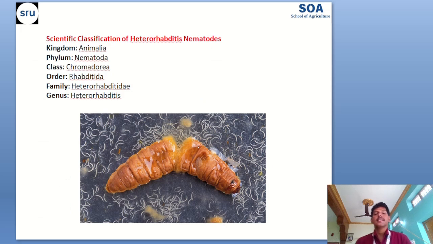Next, see the scientific classification of Heterorhabditis nematode. This Heterorhabditis nematode belongs to the kingdom Animalia, phylum Nematoda, class Chromadorea, order Rhabditida, family Heterorhabditidae, and genus Heterorhabditis. See the species under Heterorhabditis nematode.